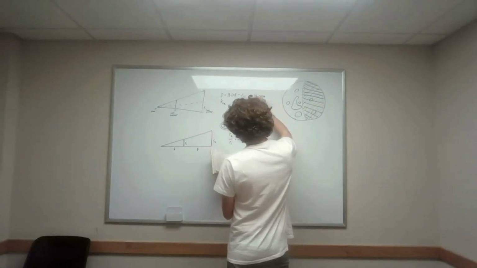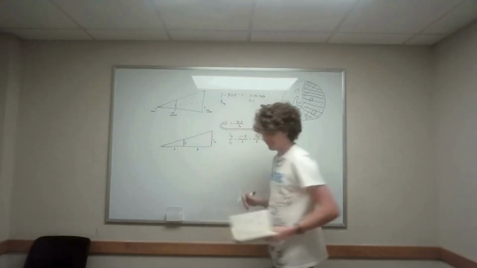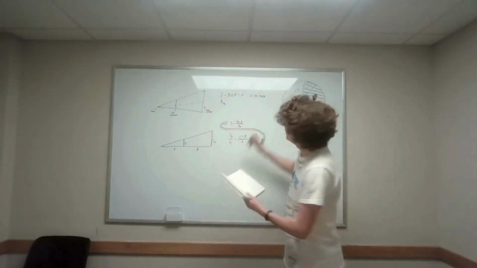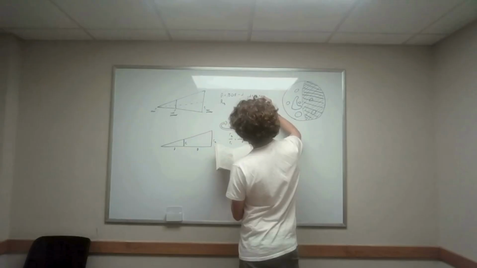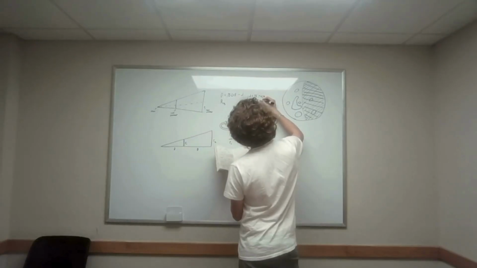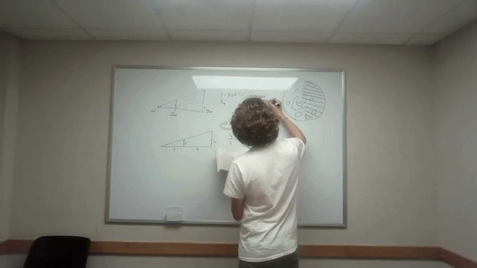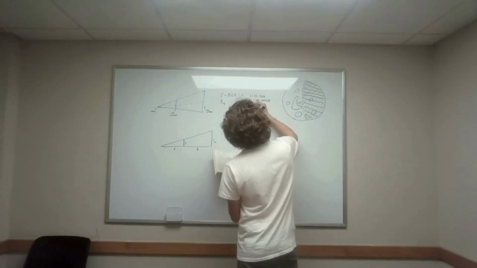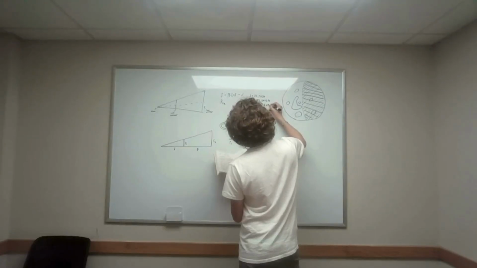So big RM, sorry, not big D, big RM is 384,399 kilometers. And then little rm, radius of the moon, is 1,737.5 kilometers.